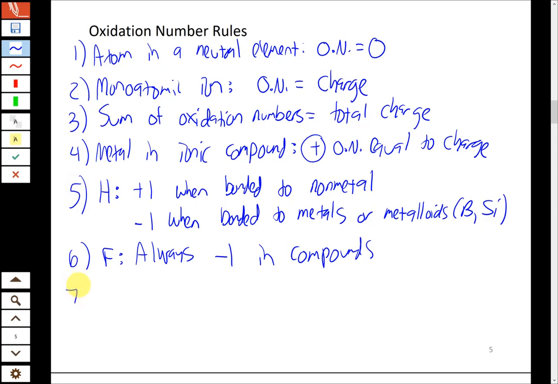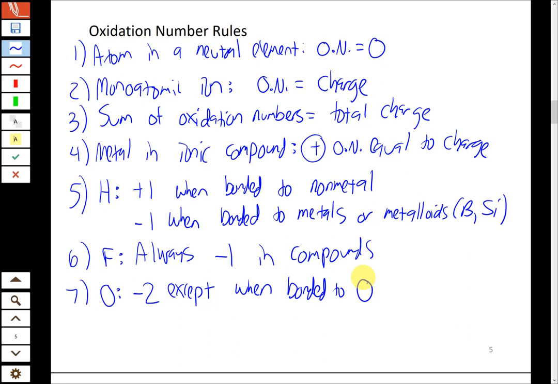And then oxygen is another one that's going to be almost always -2. Oxygen is the second most electronegative element, and so its oxidation number will almost always be -2 when you complete its octet and give it 8 electrons. But there's a couple of exceptions. If oxygen is bonded to itself, in O2 it'll be 0 just like any other element, or in H2O2, where oxygen is bonded to itself, it'll be -1.